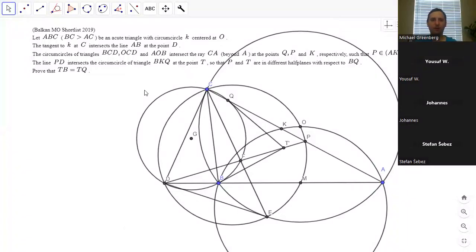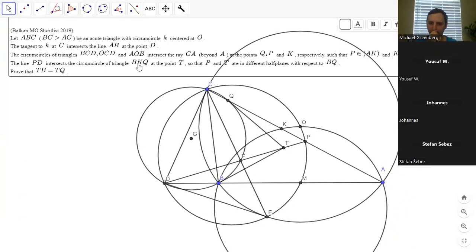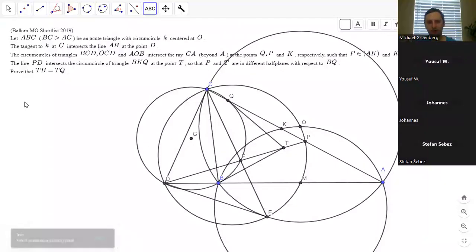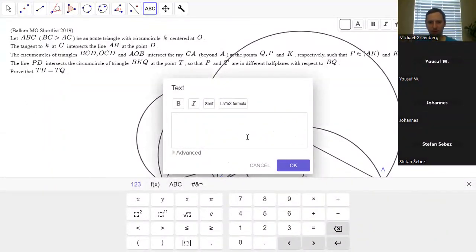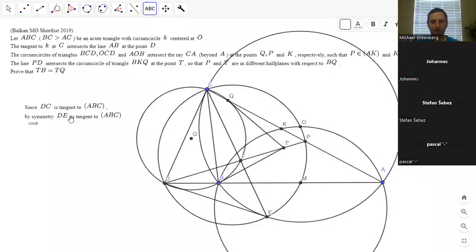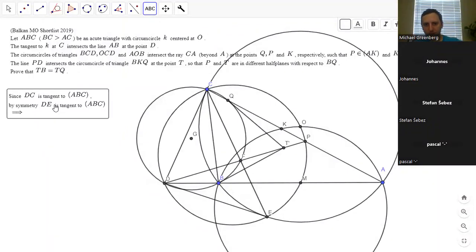Okay, so this is an easy one. First, since DC is tangent to ABC, by symmetry DE is tangent to ABC, and that means that CBEA is harmonic.